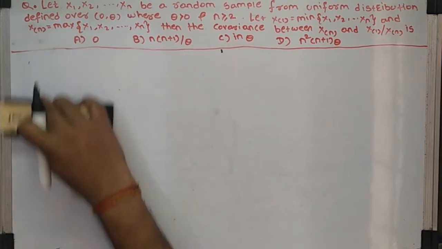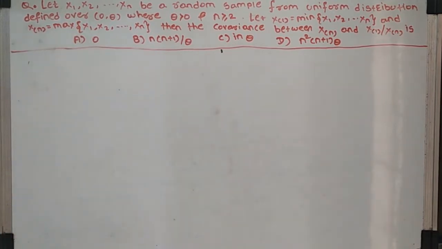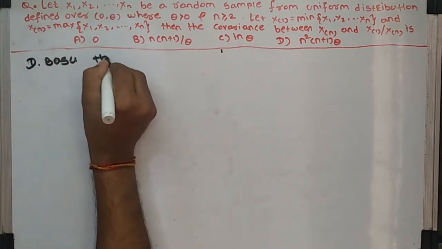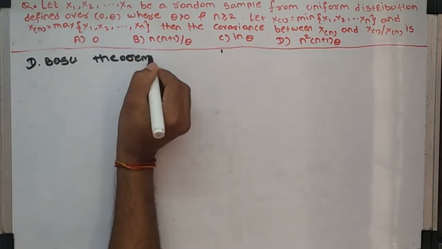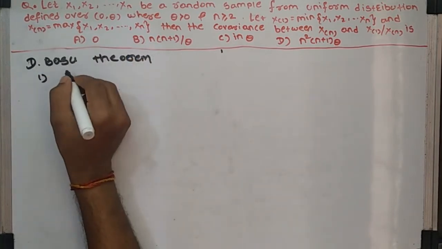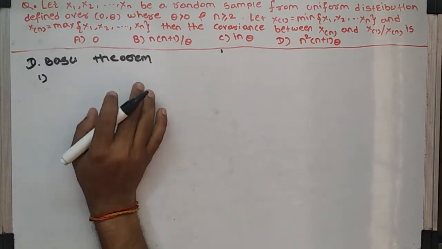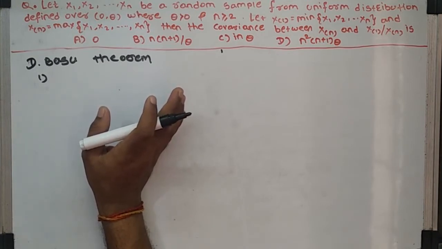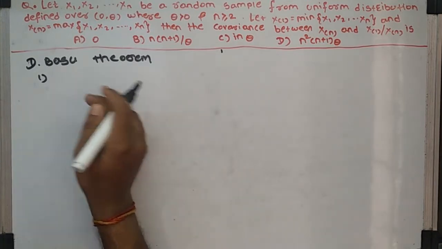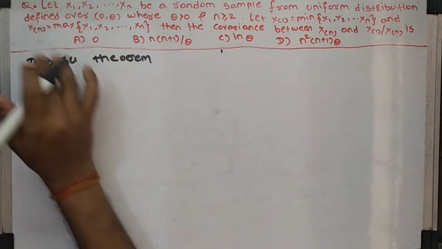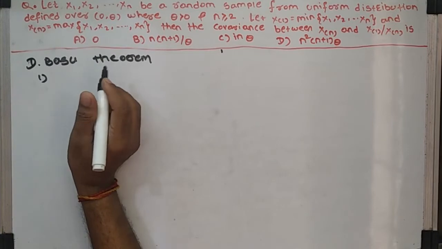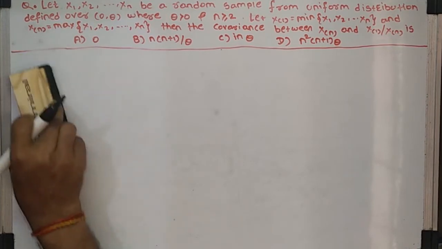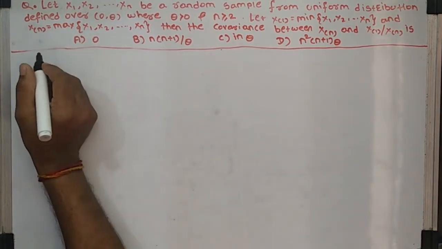In this problem we use Basu's theorem. In this theorem, the first condition is to show that a statistic is ancillary for θ, and that any other statistic T is a consistent and sufficient statistic for θ; then T and the ancillary statistic are independent.